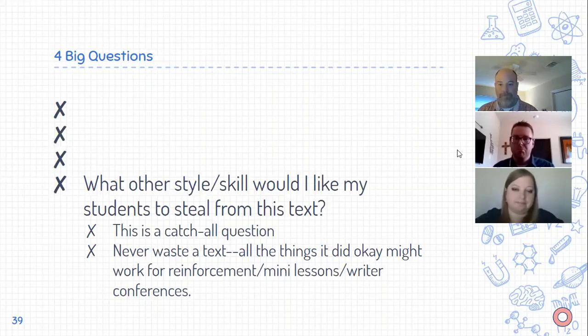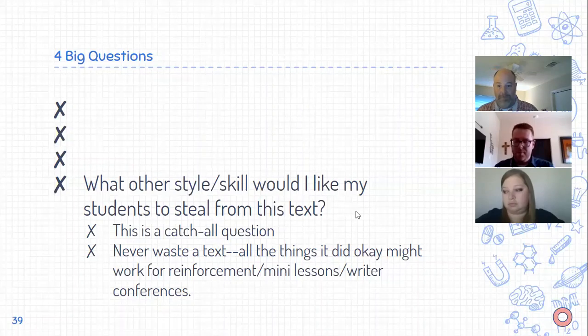Right. And it can piggyback, like, hey, we taught evidence with this one, and I taught transitions with another piece, but that piece also has good evidence in it. And so when I have to go back and review evidence with my kids, I now have two texts to review evidence with, we don't have to cold read them. And I don't have to annotate them as much as I did the first time.